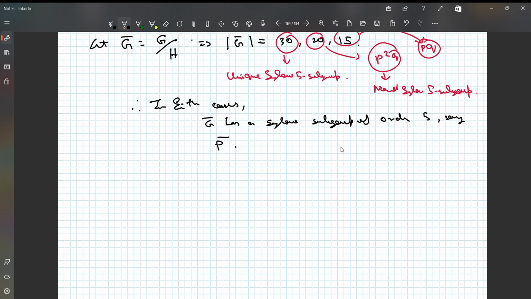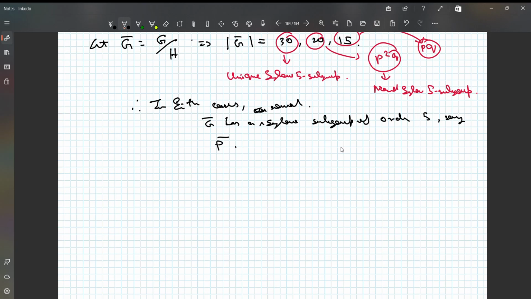But I'll obviously want to check whether it should be normal or not. I guess it will be normal. G bar has a normal Sylow subgroup of order 5. In case of PQ, it's obvious. In case of a group of order 30, it is obvious.